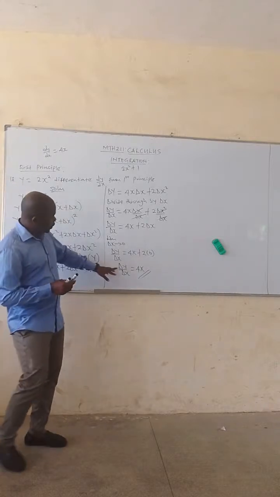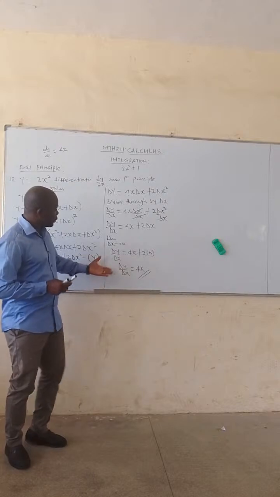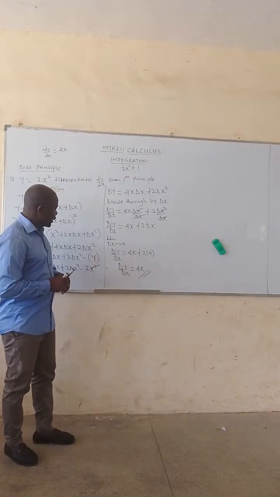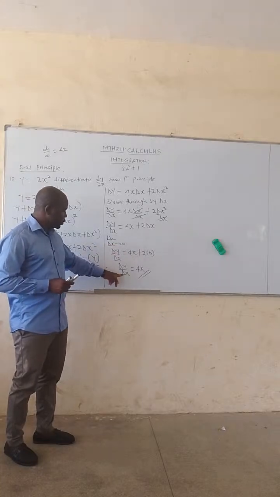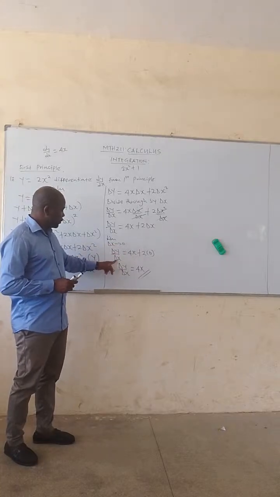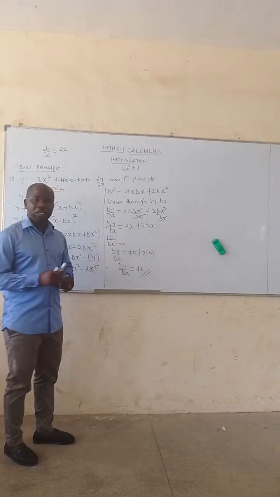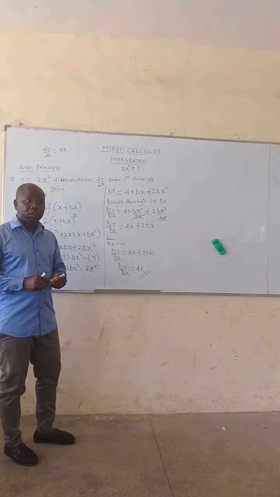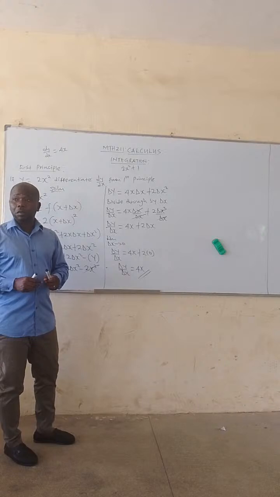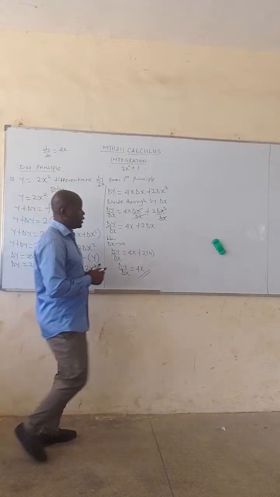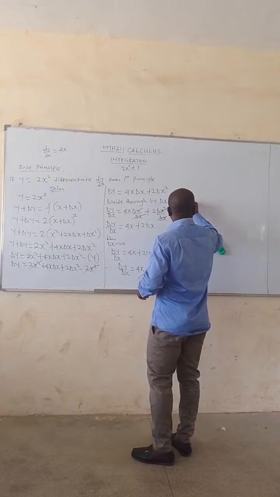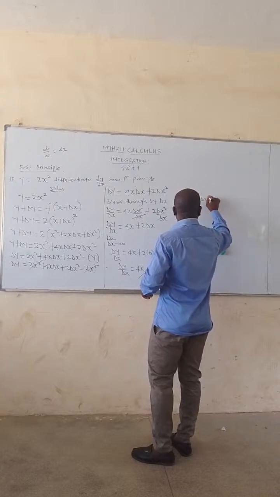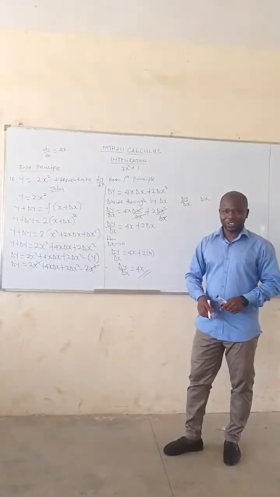Some persons may ask, sir, why is it that you said dx tends to 0 and you did not substitute? We have dx here, 0 here. It's a good question. But let me tell you that there is a difference between dy all over dx and dx.